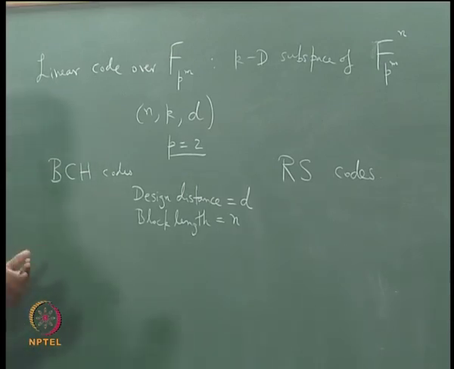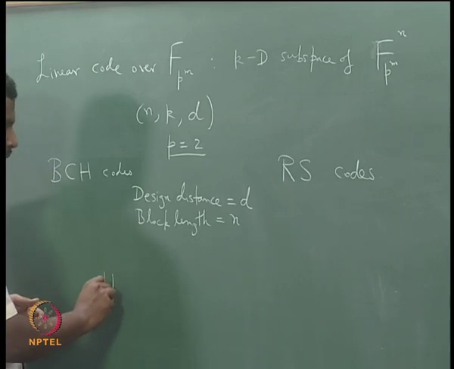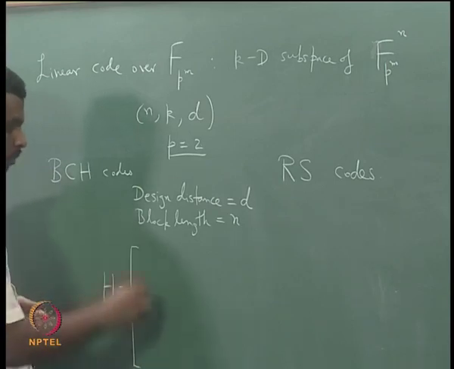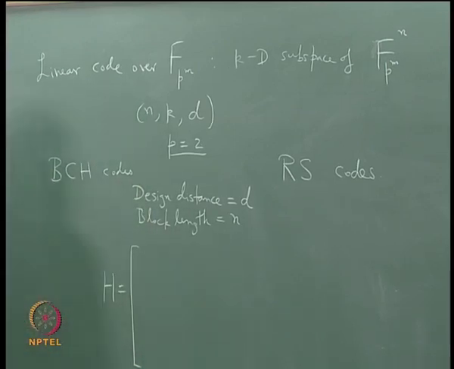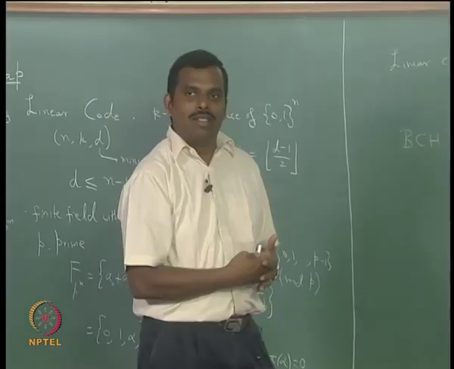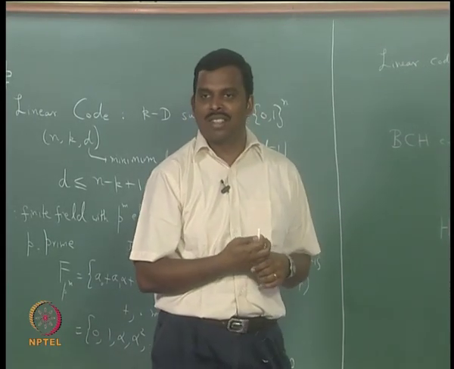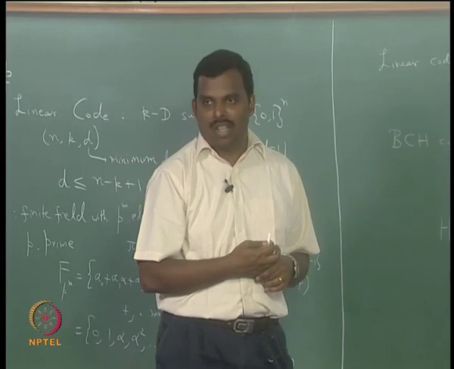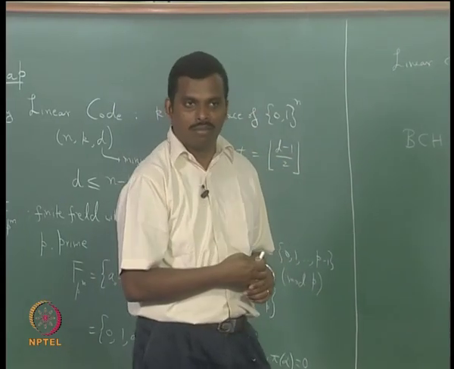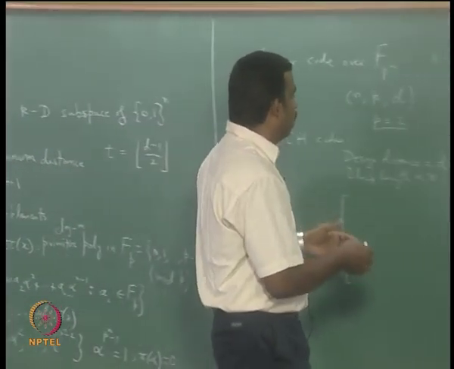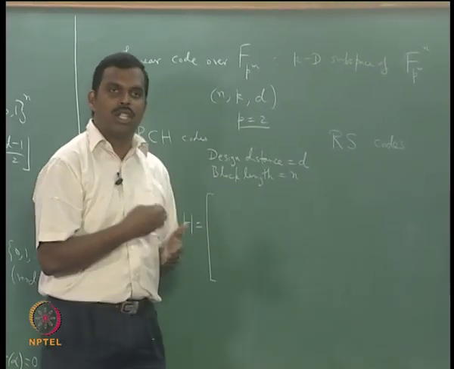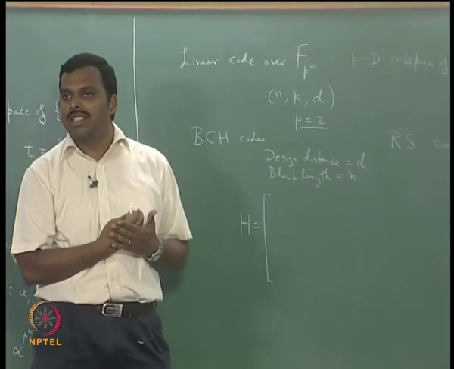Parity check matrix H, yes, of course, but how do I construct the parity check matrix? You need some alpha. So what is that alpha? Alpha should have some property. Order should be at least n. You need some alpha belonging to F_{2^m} whose order is at least n.